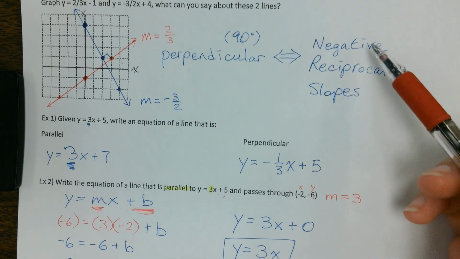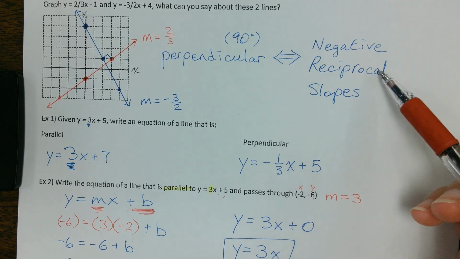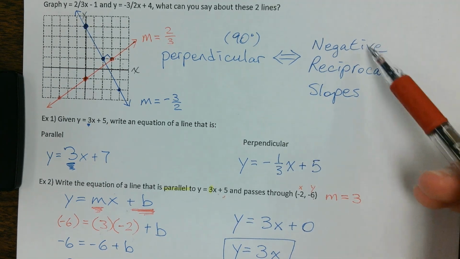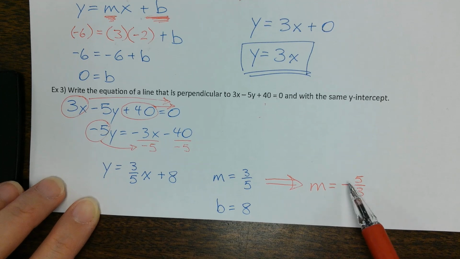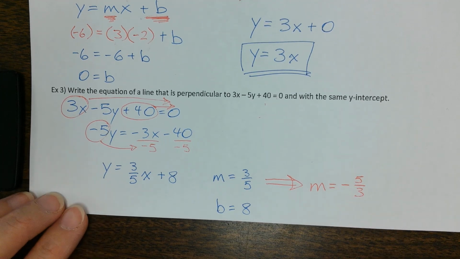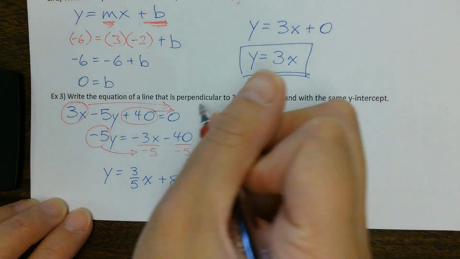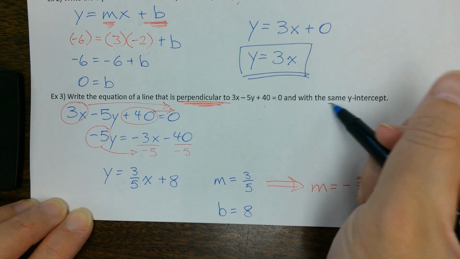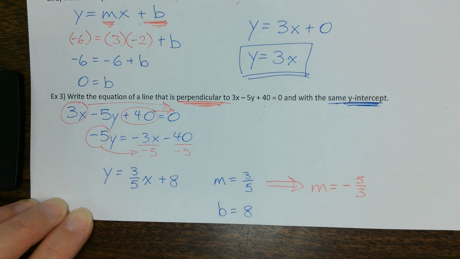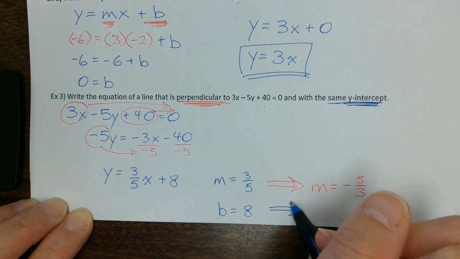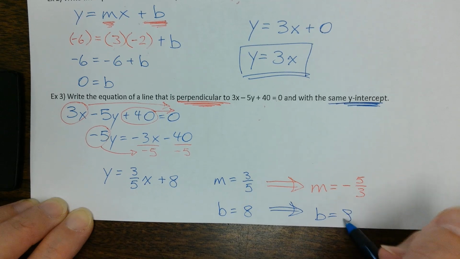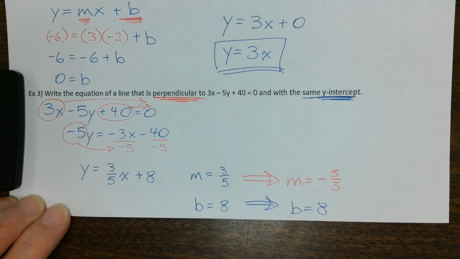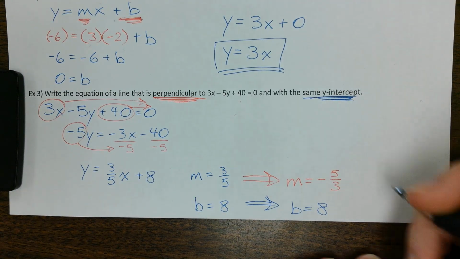Remember, I keep saying, not just negative, not just reciprocal, but negative reciprocal, both. So negative 5 over 3, because perpendicular. Same y-intercept. So it means my b is the same, 8. Okay, so what's my new equation then?